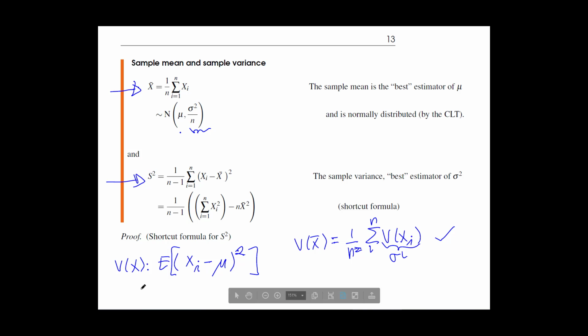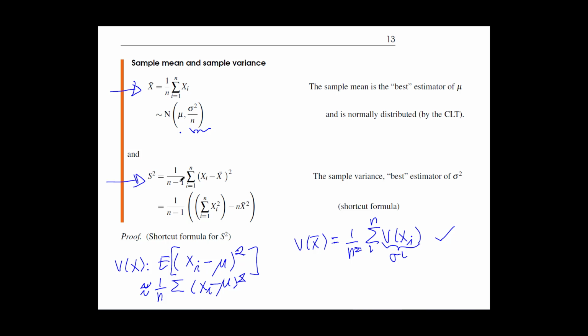So one could say that this is approximately equal to the average of that: 1 over n of the sum of (xi minus mu) squared. Which is almost the formula we have for s squared. So there are two differences. One is here we divide by n, and here we divide by n minus 1. We're going to explain that probably in the next subsection.